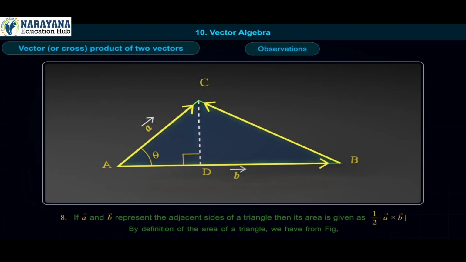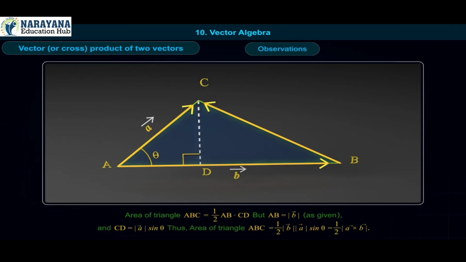Number 8. If vector A and vector B represent the adjacent sides of a triangle, then its area is given as 1/2 modulus of vector A × vector B. By definition of the area of a triangle, we have from the figure, area of triangle ABC is equal to 1/2 AB into CD.